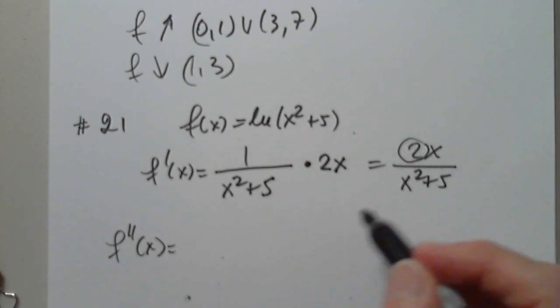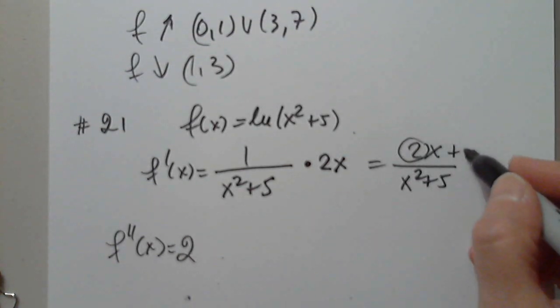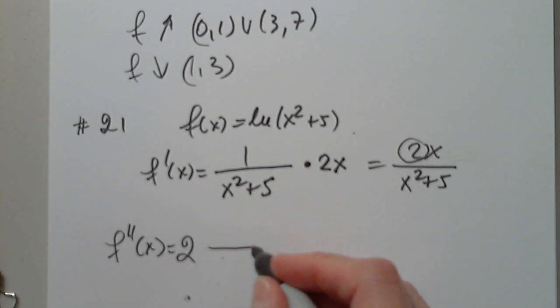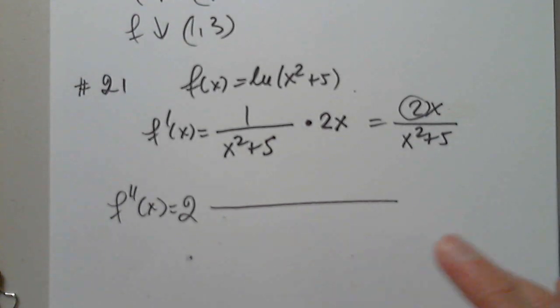Now this is a constant. I prefer, because I don't have anything else at the top, 2x is the same as 2 times x over x squared plus 5. I will do that for simplicity, so I don't have to worry about that 2. It doesn't mean anything anyway when it comes to the second derivative.